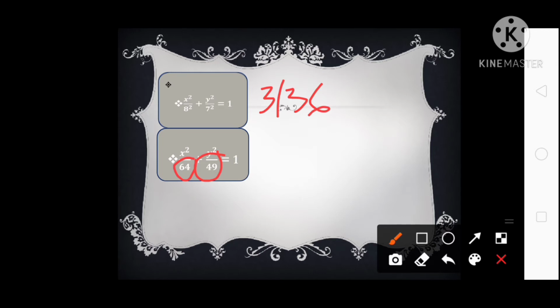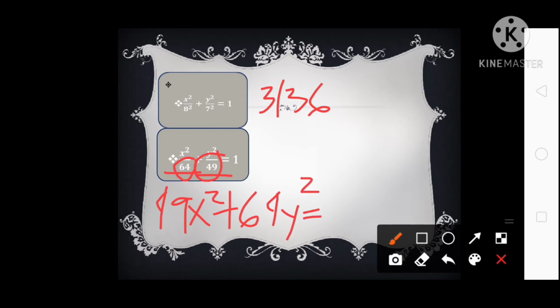Then, in solving x, we multiply x squared by 3,136, and 3,136 divided by 64 is 49, so 49x squared, plus y squared times 3,136, and 3,136 divided by 49 is 64, so 64y squared, equals 1 times 3,136, which is 3,136.